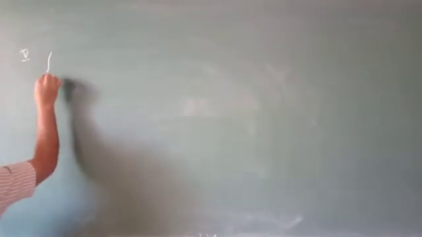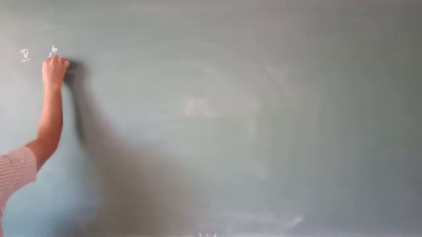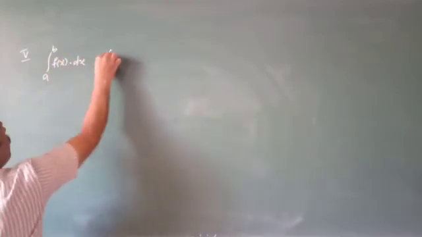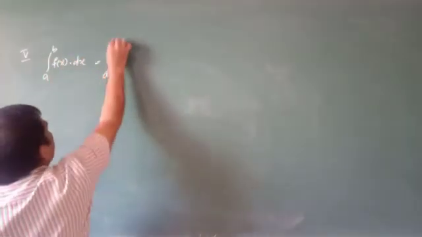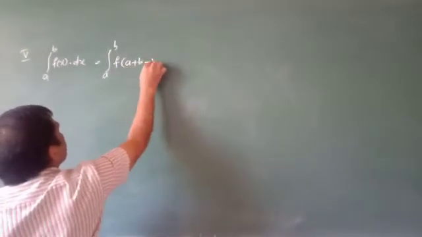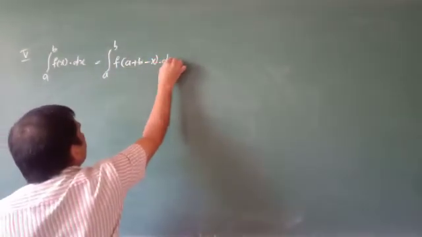The fifth property says that the integral of a to b of f of x with respect to x is equivalent to the integral of a to b of f of a plus b minus x with respect to x.